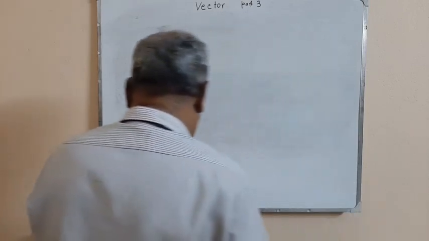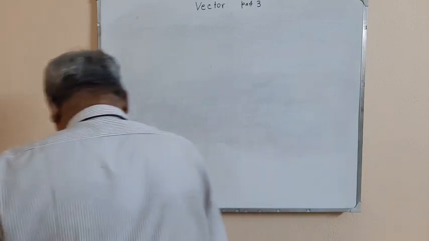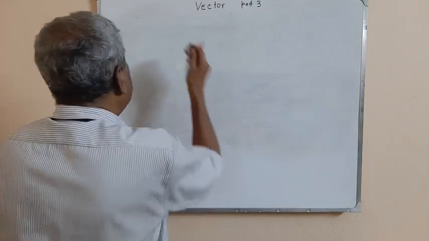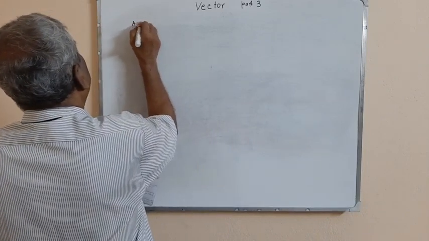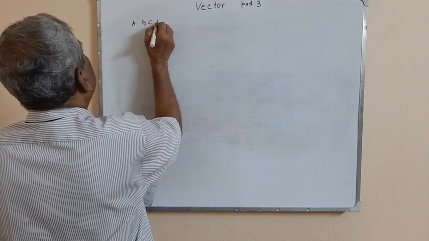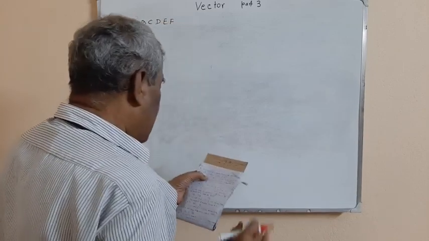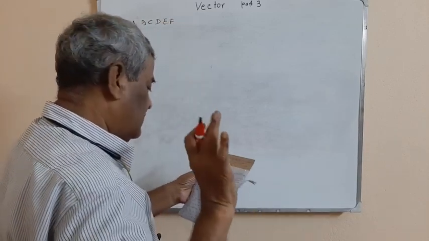The next problem is: A, B, C, D, E, F is a regular hexagon.